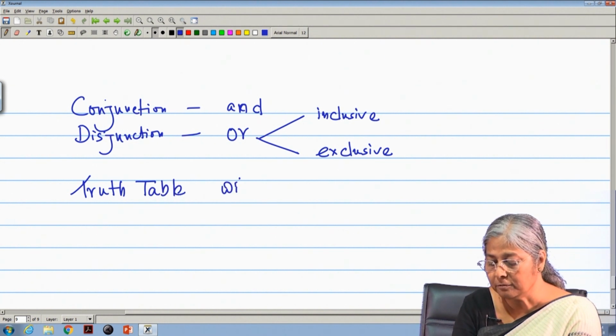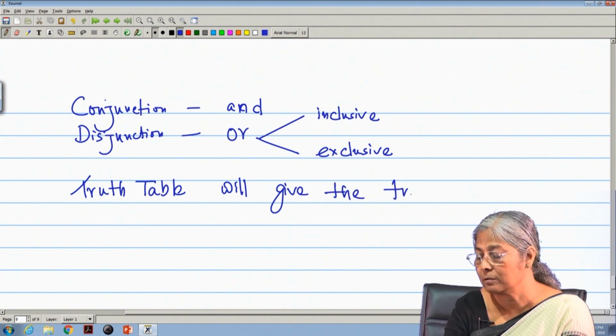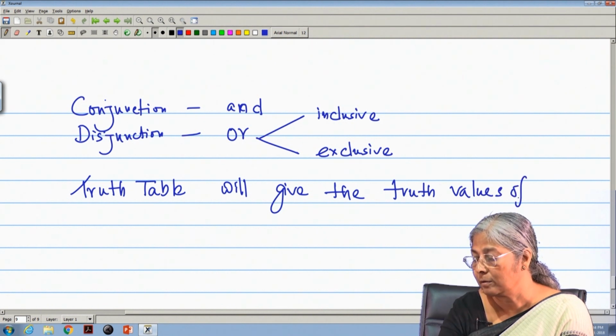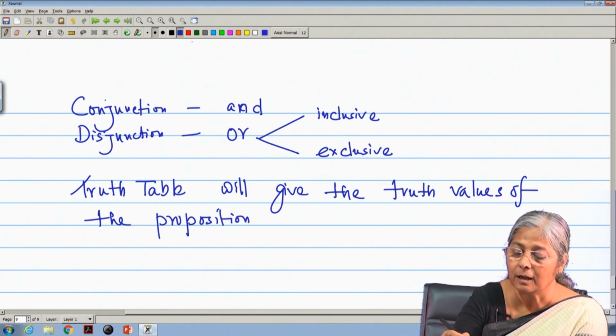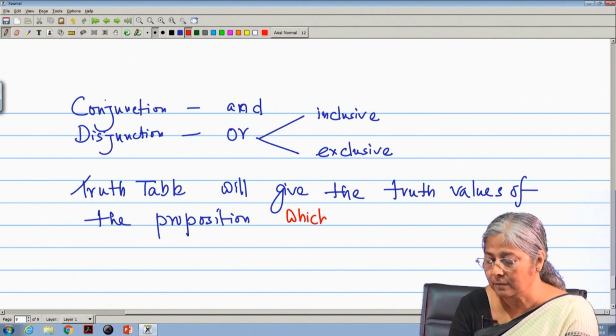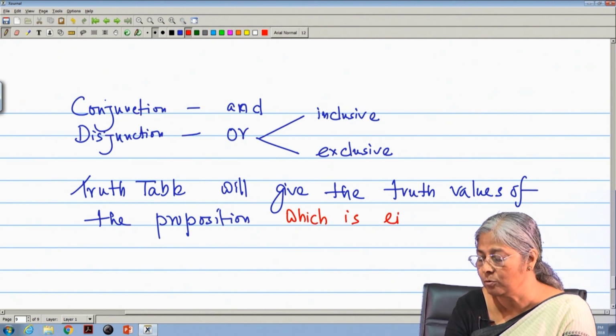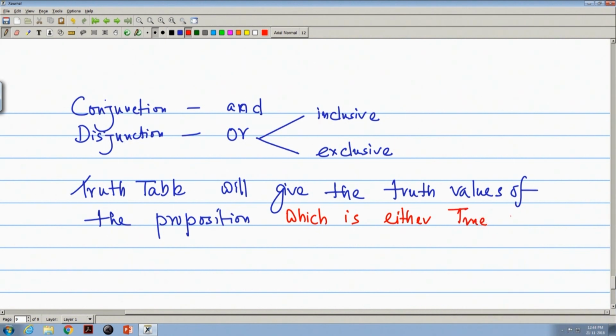A truth table will give the truth values of the propositions, which are either true or false.